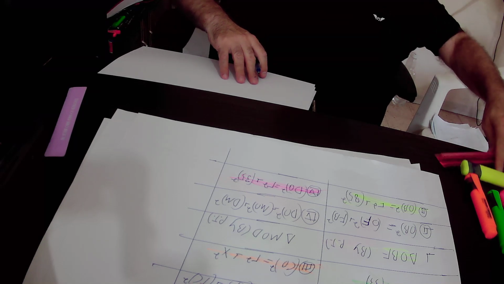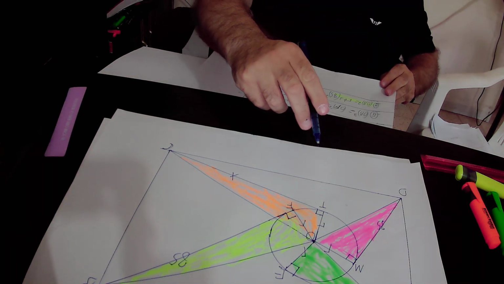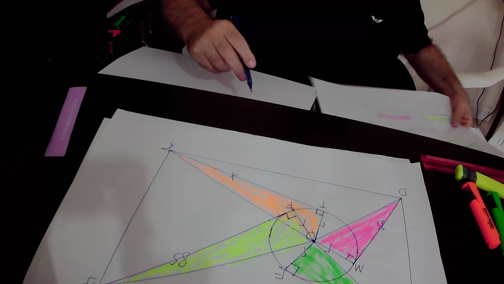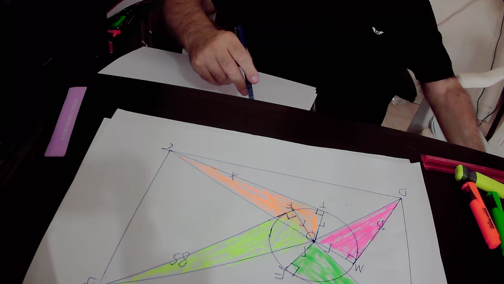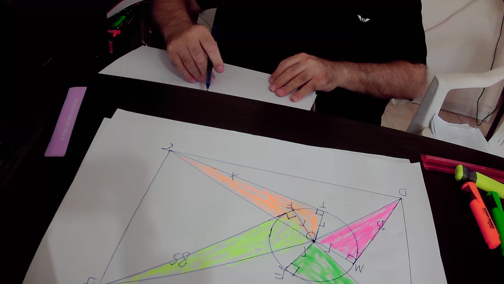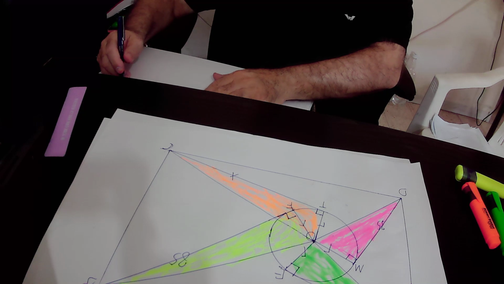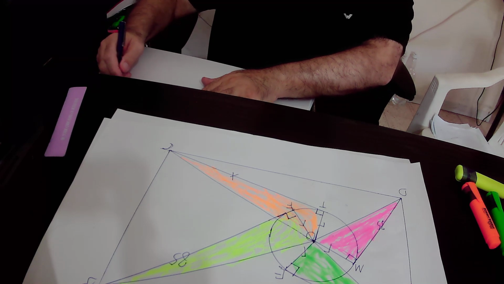In the next step, I will copy this rectangle with the circle inside it in a new page, and we will analyze the rectangle with the circle that is in it.